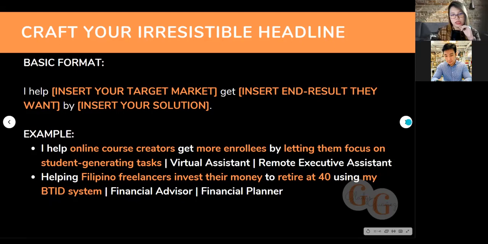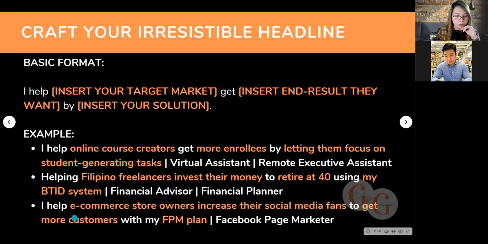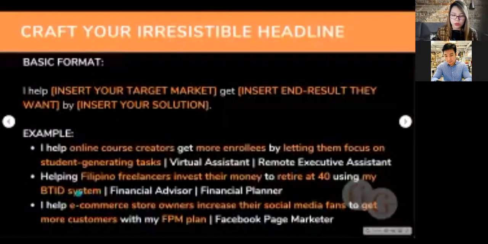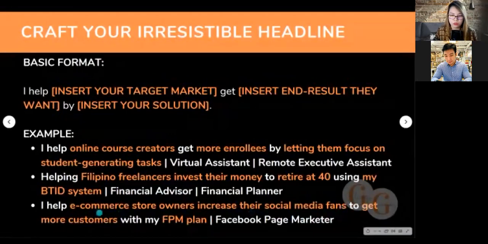So next, and the last one is: I help e-commerce store owners. So this is the target market. And then the solution is increase their social media fans, because probably these e-commerce store owners like that, because if they get more social media fans, they get more customers as well.